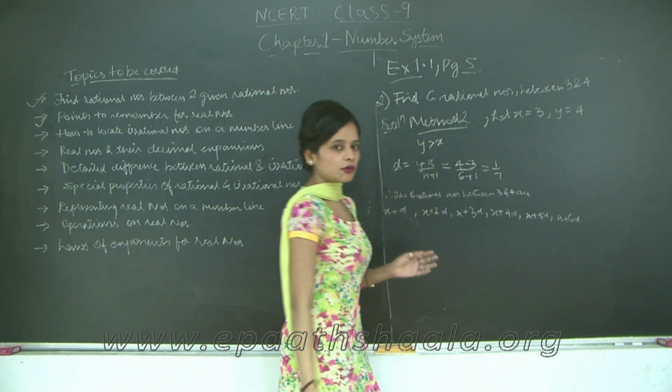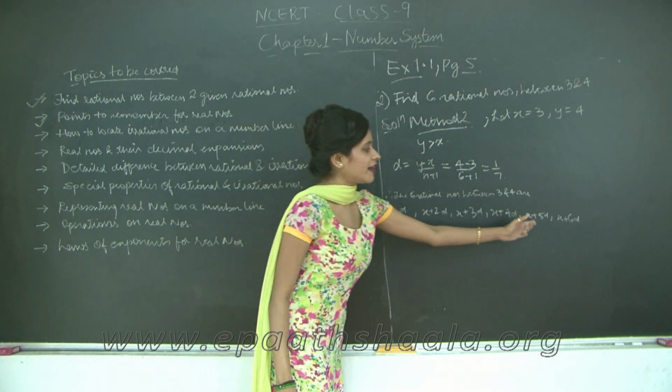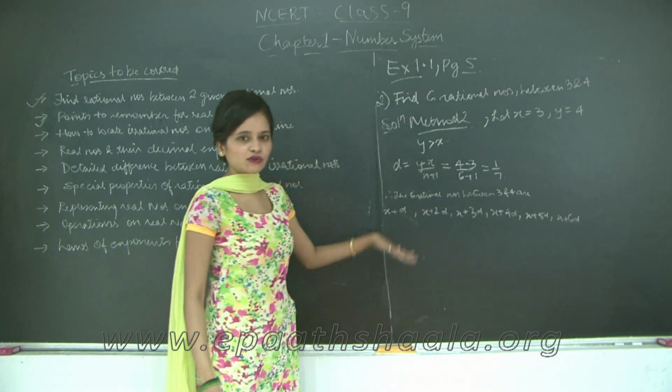Why until 6d? Because we need to find 6 of them. So, 1, 2, 3, 4, 5, 6. But the sum doesn't end here. We have to solve this further.